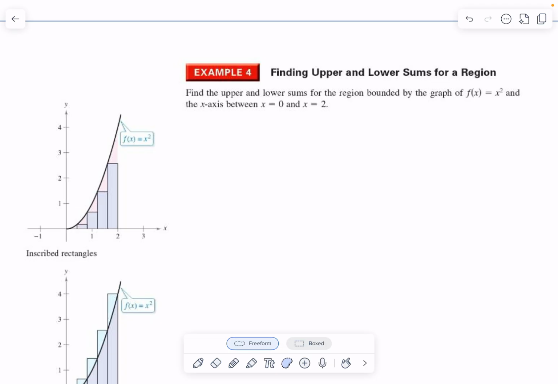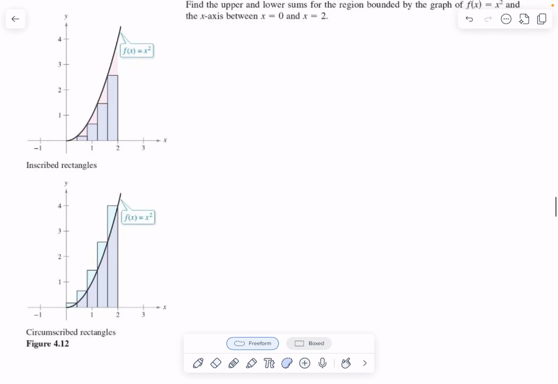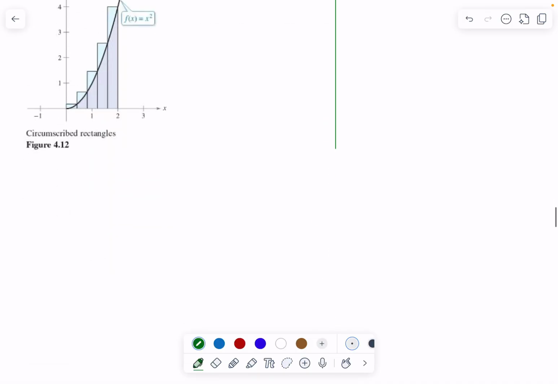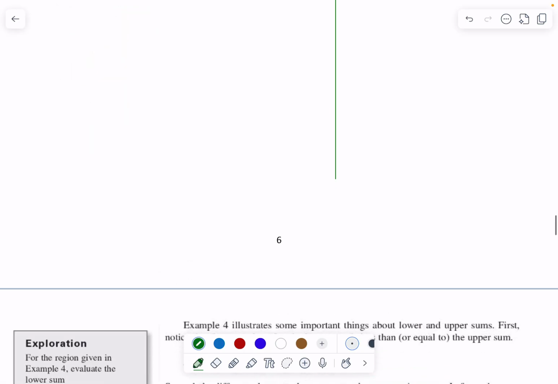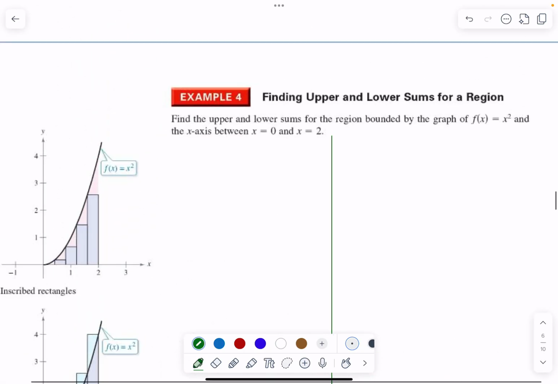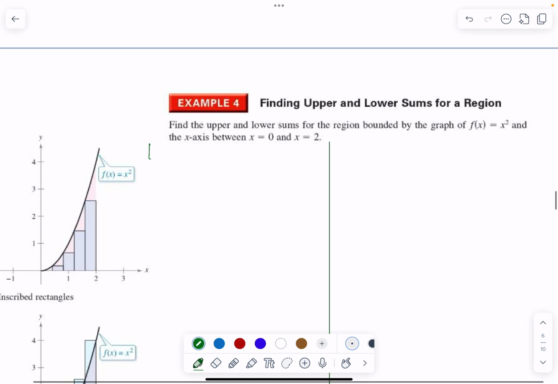Okay, so this time we'll start with the left end, and then we'll do the right end. Make a little divider here. So we'll start with the left end.